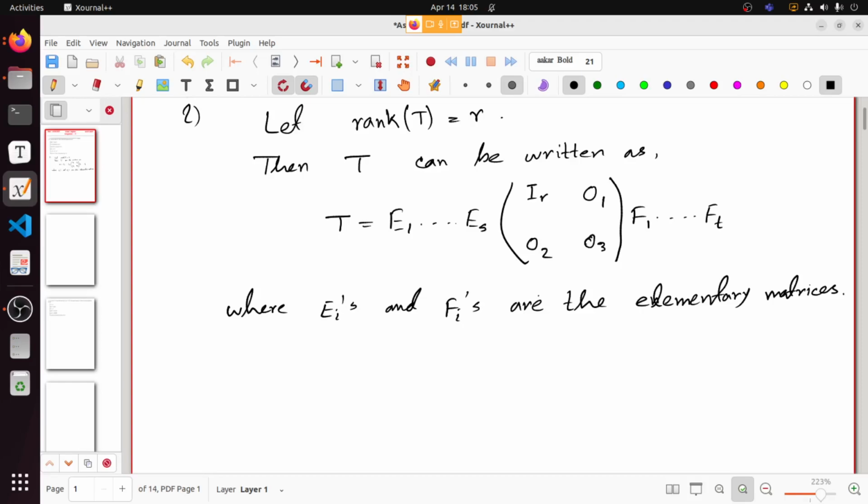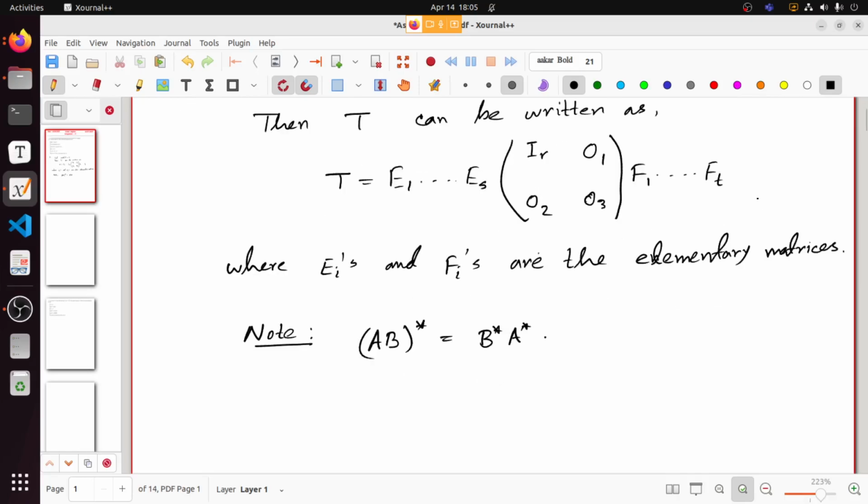Note one property, which we will prove later in question number 3: if A and B are two matrices and we take the conjugate transpose of the product, it becomes B star A star.